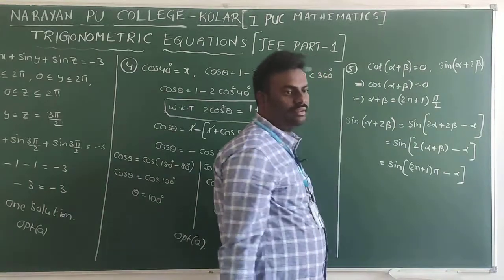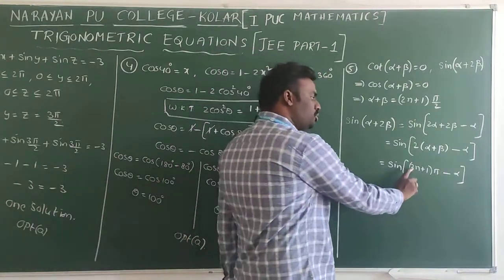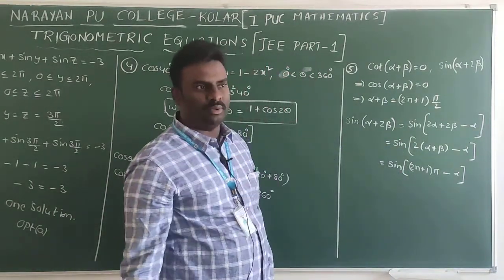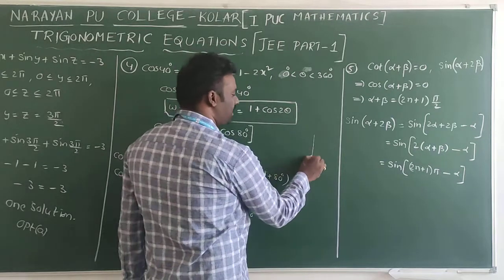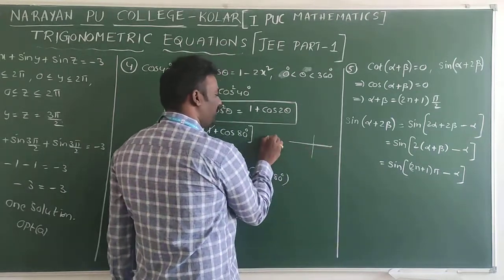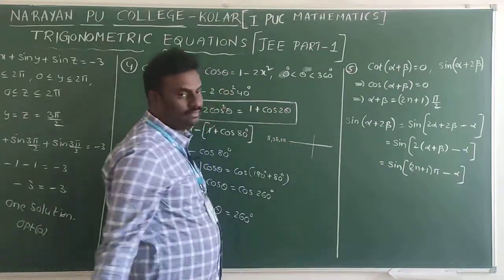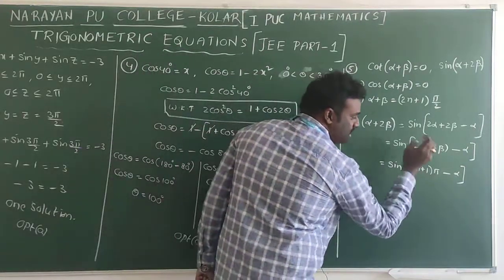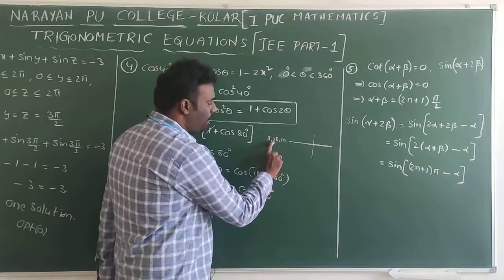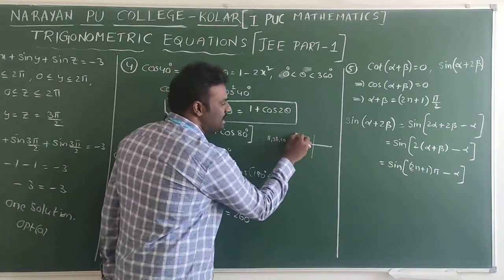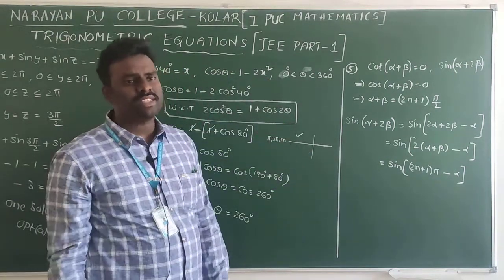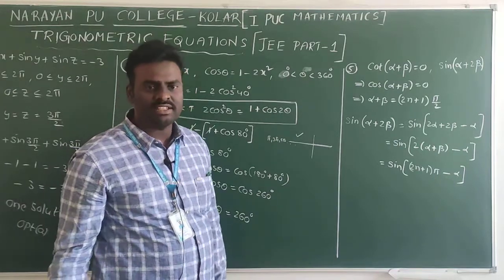Minus alpha. See here, this 2n plus 1 is an odd multiple. Odd multiple means, as I already discussed, pi, 3 pi, 5 pi and so on. But here after the symbol is what? Minus. Odd multiple of pi minus means it will go to which quadrant? Second quadrant. Second quadrant sign is positive.